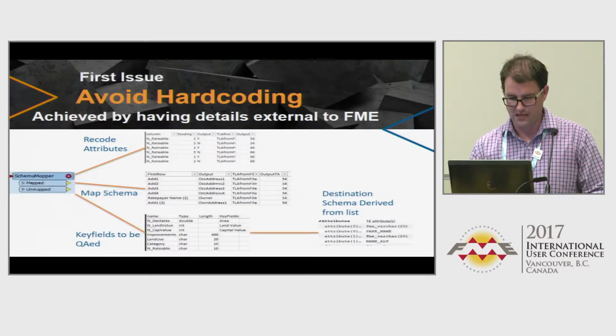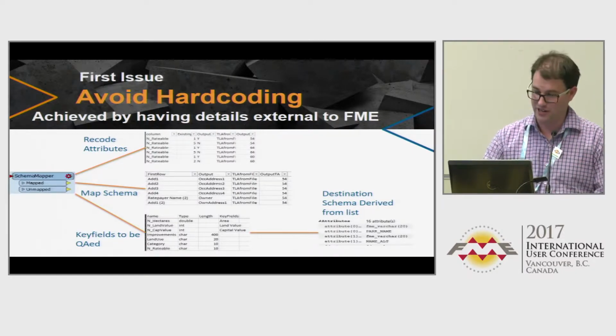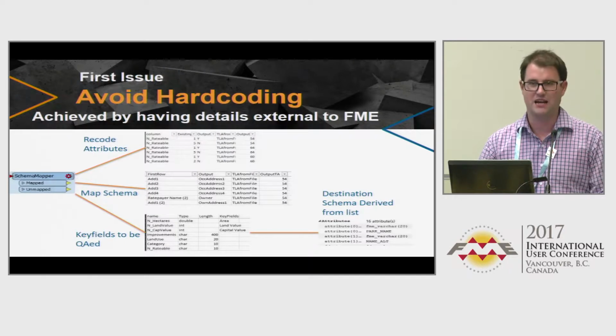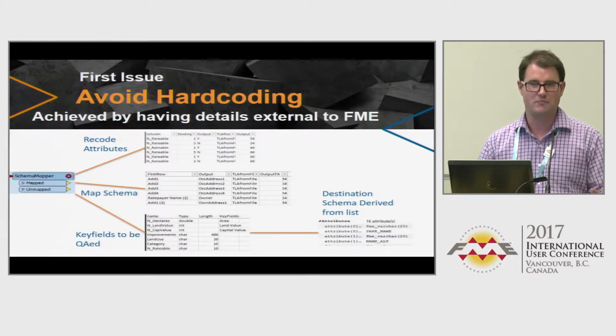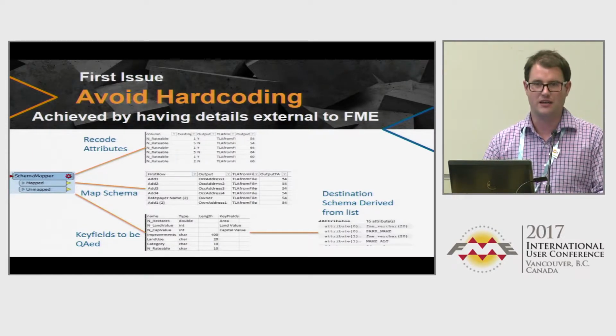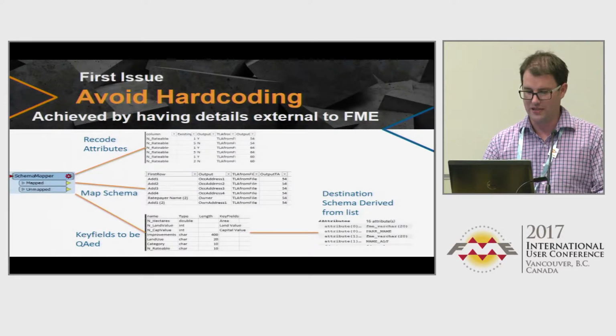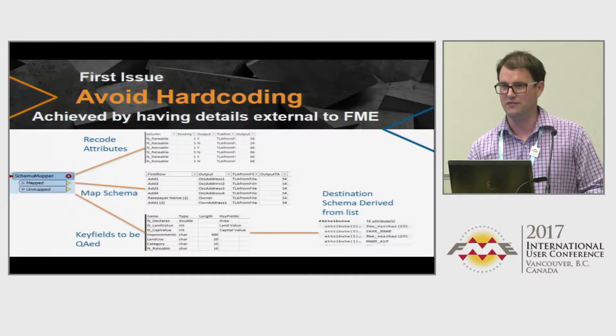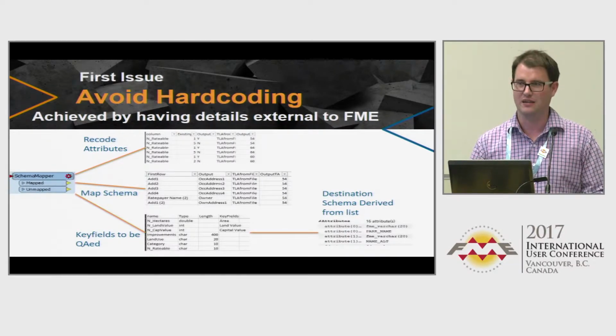And down the bottom, I added these things, which I just called key fields, which was where we had an actual schema output. I didn't want to hard code. So if someone came along and changed the name of a particular output, I wanted to not have to hard code that in. So I had a whole bunch of things like area, land value, and capital value, etc. They were hard-coded in FME, but they didn't actually relate back to anything in the data.